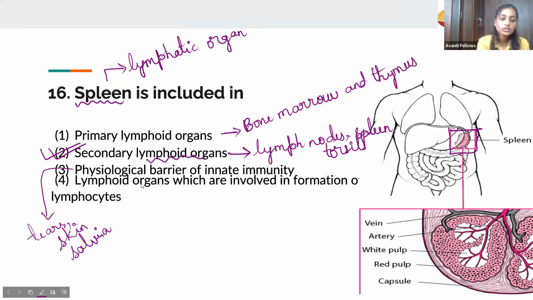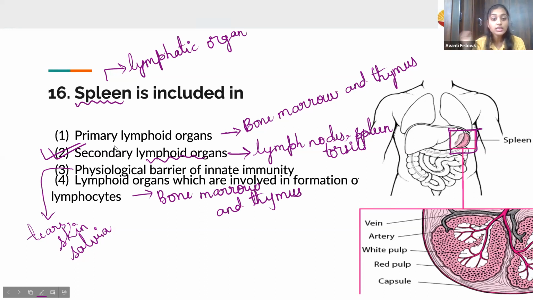The lymphoid organs involved in the formation of lymphocytes are the primary lymphoid organs, that is bone marrow and thymus. The spleen is included in secondary lymphoid organs. So the correct option is option B.